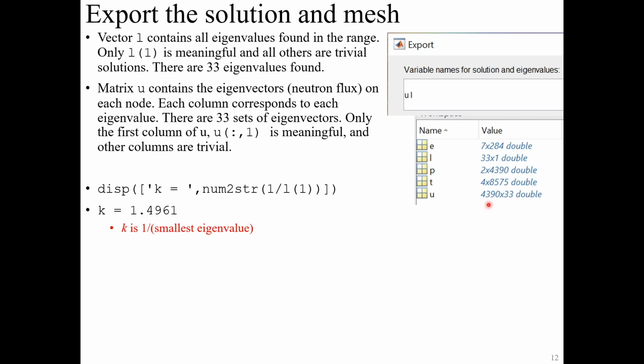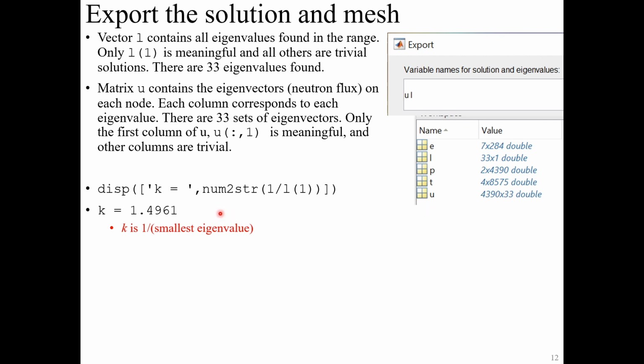Each column corresponds to one eigenvalue. So we have 33 eigenvalues, so we have 33 columns inside this U. Only the first column of this U is useful to us, and all other columns are trivial solutions.